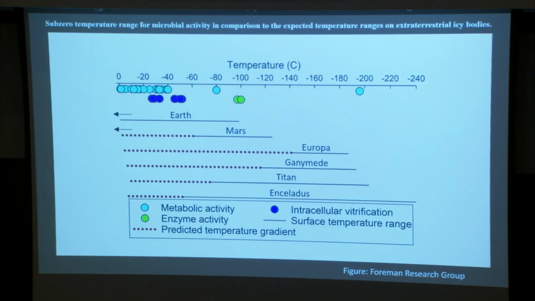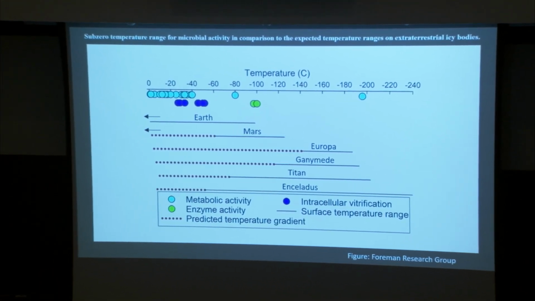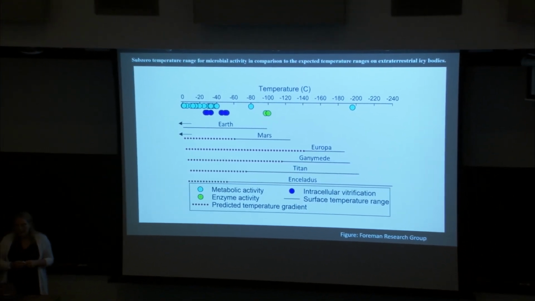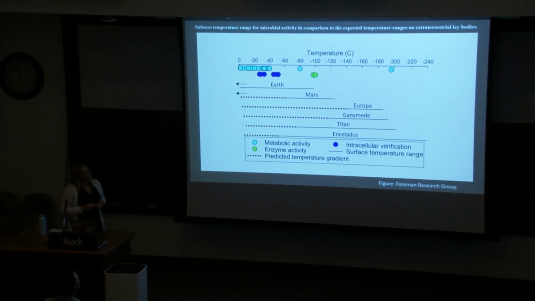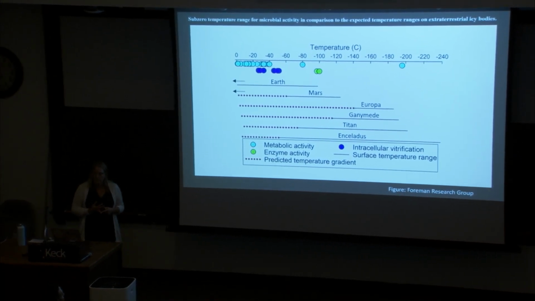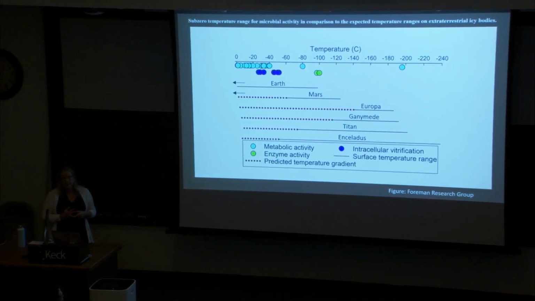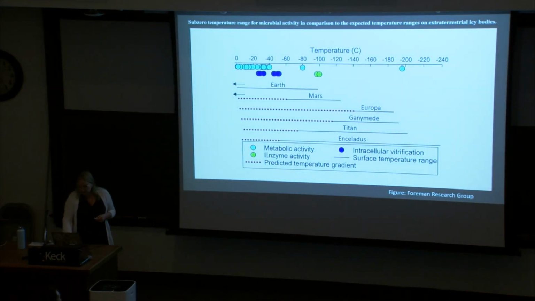From a general point of view, two factors most likely define limits for life at low temperatures. One is the lack of liquid water, so if solvent conditions can't be maintained. And two, vitrification, the temperature at which the cytoplasm transitions to a non-crystalline amorphous solid.